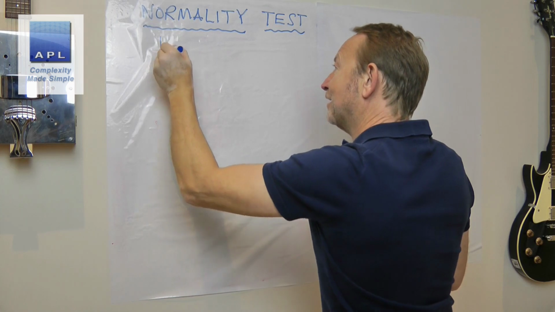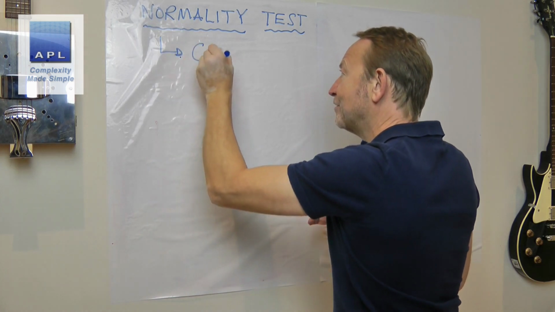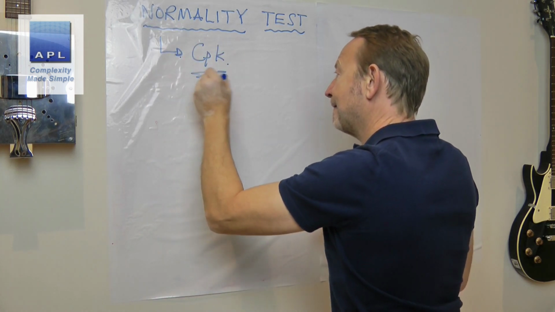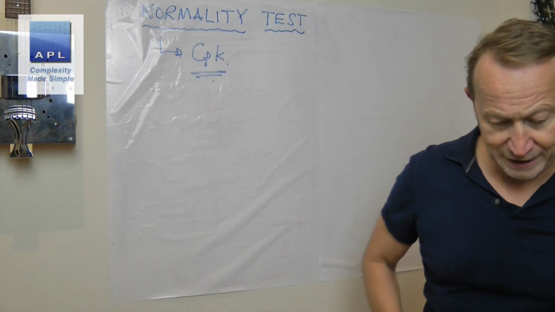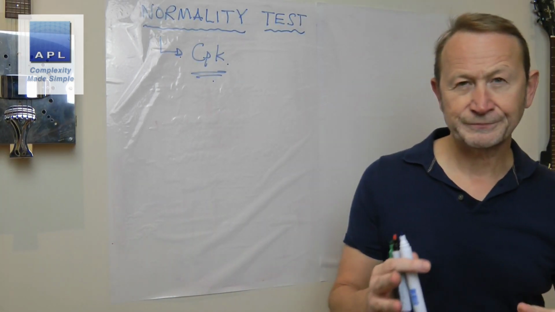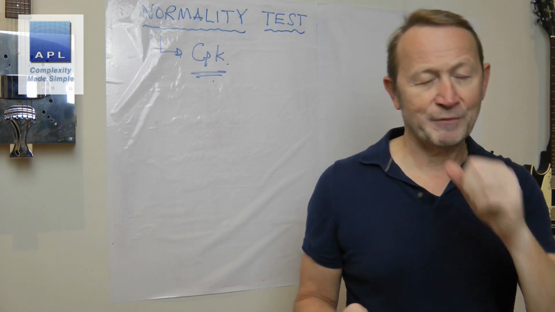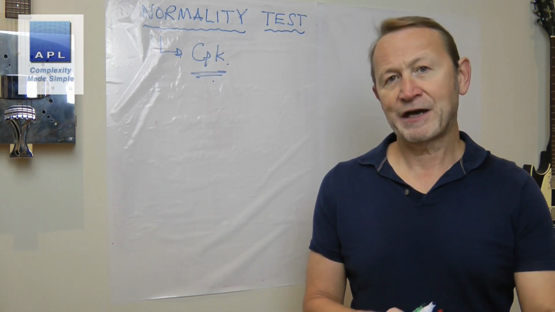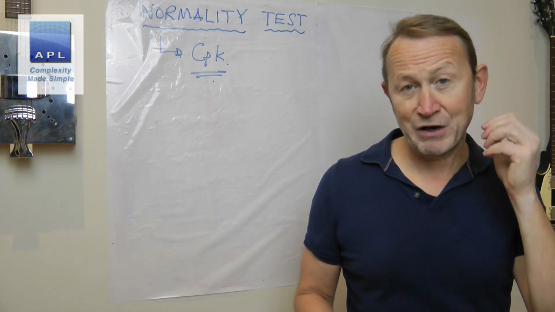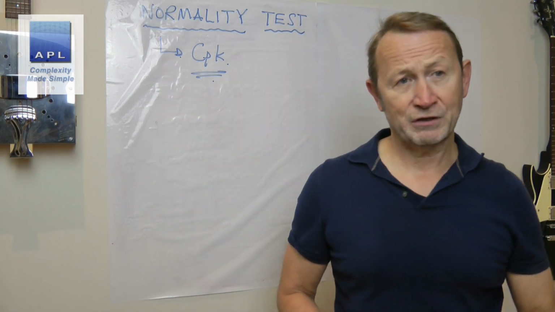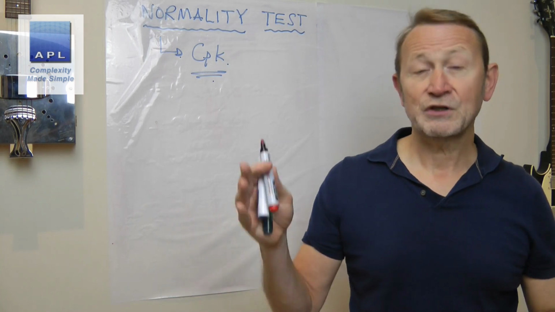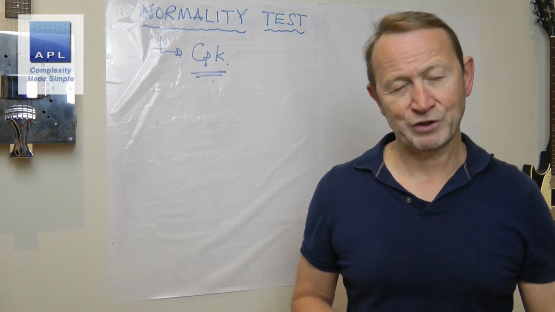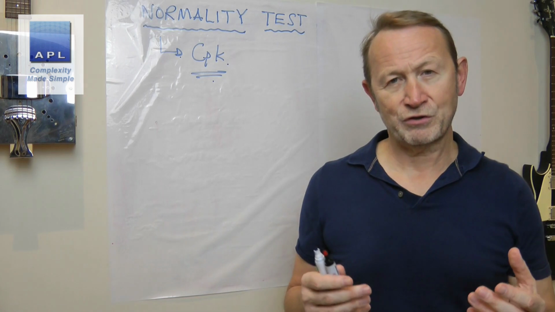Now in particular, this is related to doing CPK analysis. This comes from a client of mine. They've subcontracted some components. They've produced parts as a subcontractor and sent them to another site.